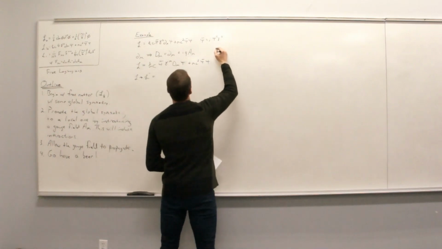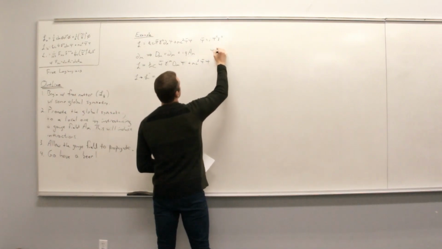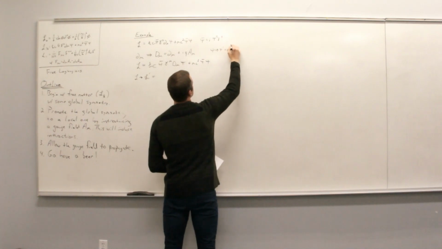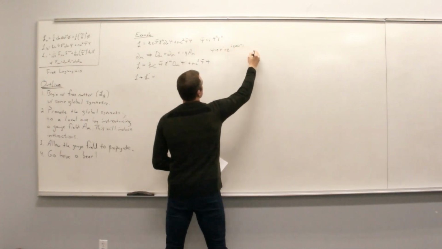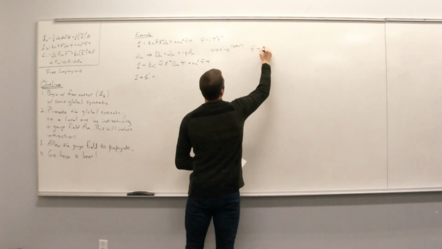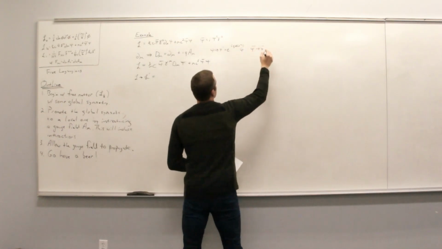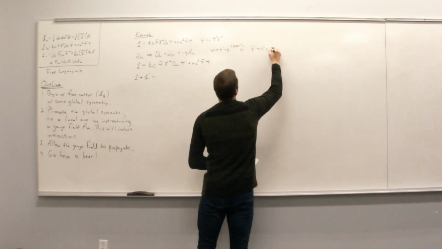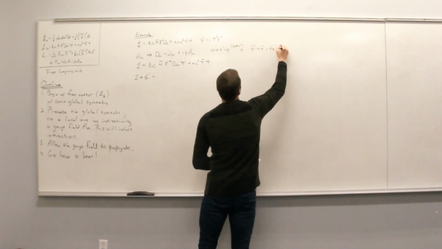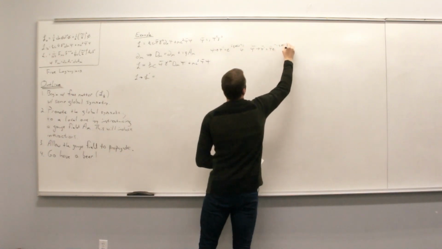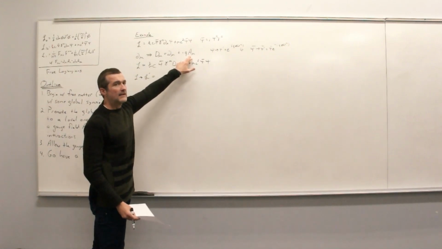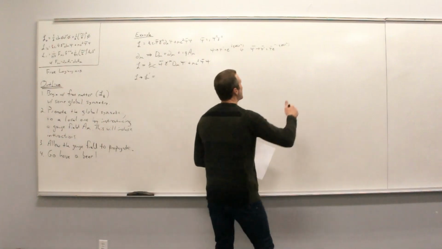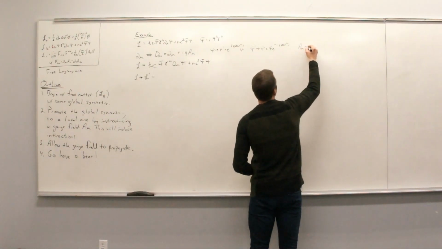Bear in mind that according to our transformation, which I erased conveniently but can write up again, psi prime is e to the minus iq phi of x mu times psi. Now, you might be wondering, is A going to transform? And the answer is yes, this is going to transform, but right now we don't know how it transforms.